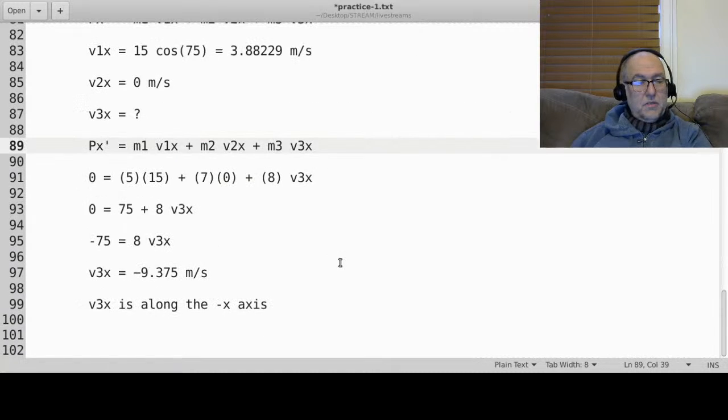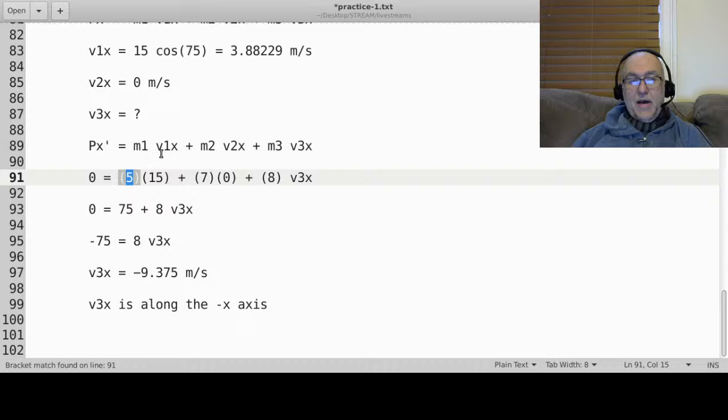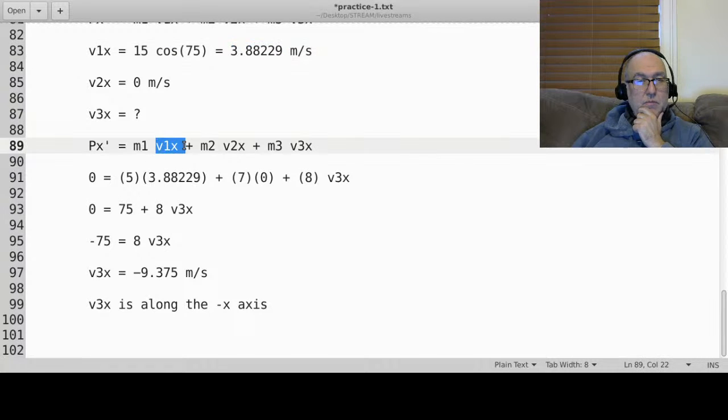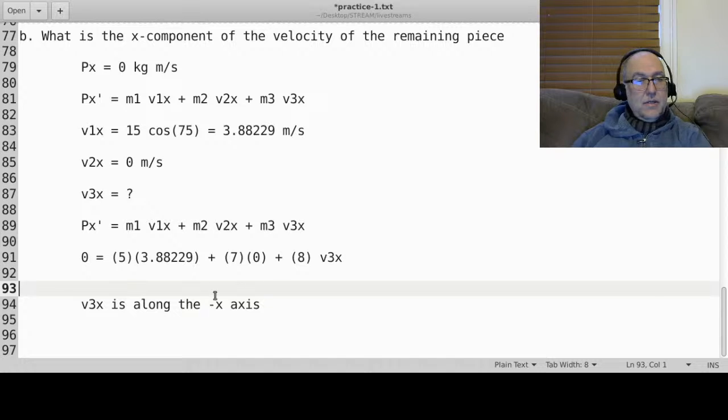The x component after of the momentum is 0. m1 is 5. v1x is not 15 anymore, it's only this much, 3.88 and some more digits. So that's what changed. m2 is still 7. v2 is still 0. m3 is still 8. v3x is still unknown.